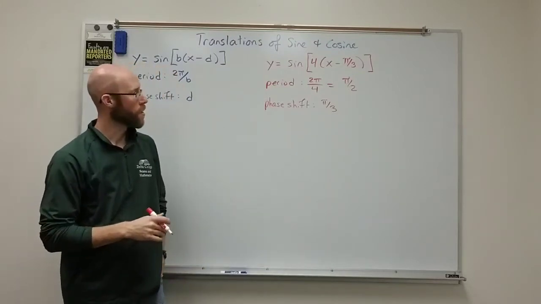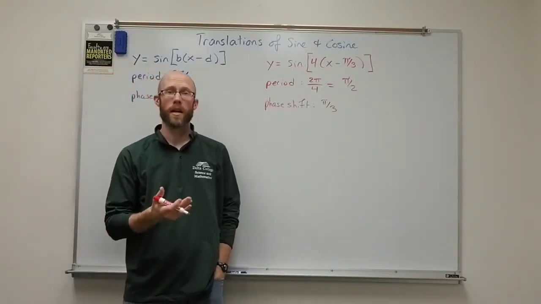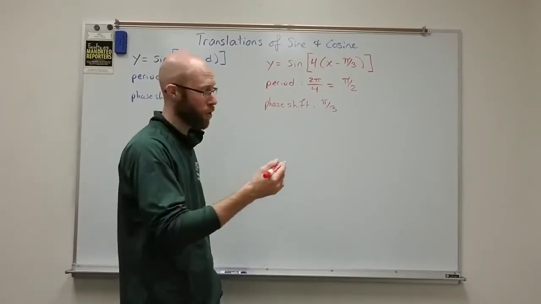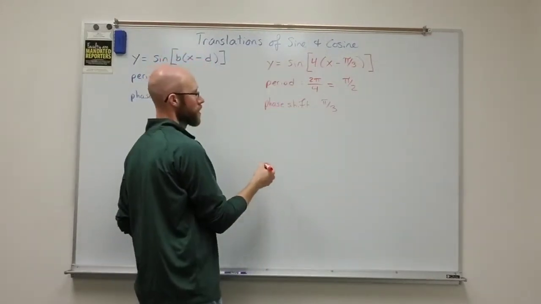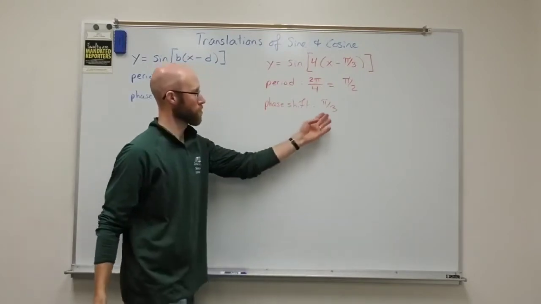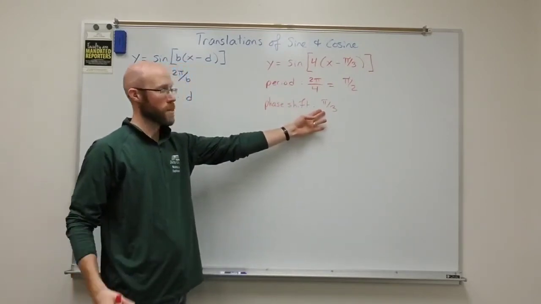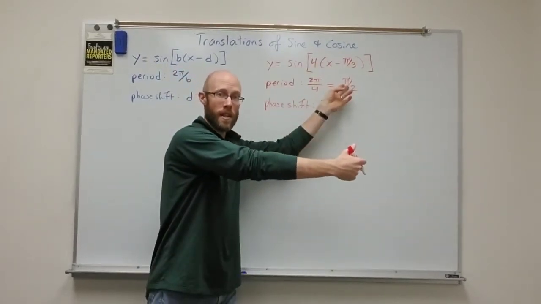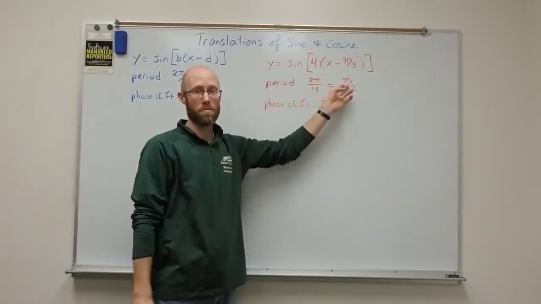Now I need to find the other 3 of the 5 key points. Actually I need to find 4 of them, because pi over 3 is the first one. The period tells me how far to the last one. I still need the ones in between.